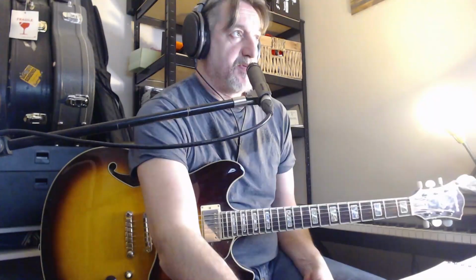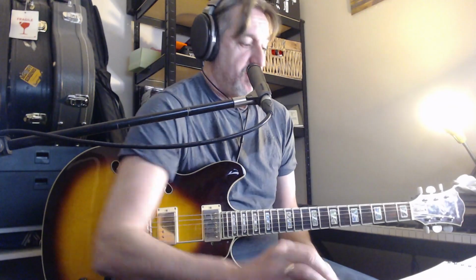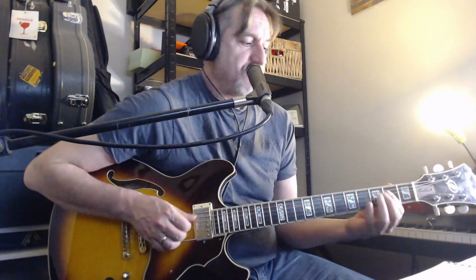So in a way, that triad here gives me access directly to the upper structure. It's true that it's not necessarily highlighting the flat 7, and that's why I was putting this sound before, just to establish the fact that we are in dominant.